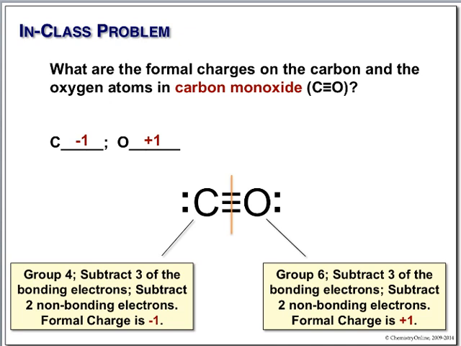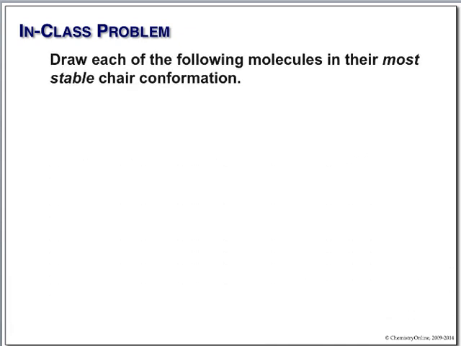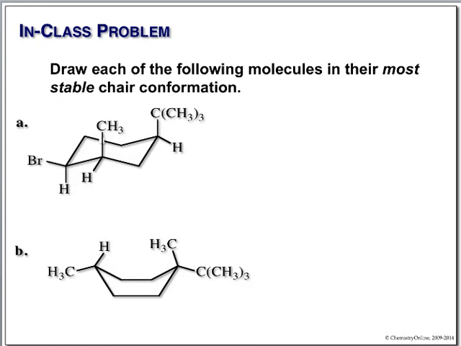All right, the last group. We were taking things and we were putting them in their most stable conformation. Now here we're going to use just the general rule of thumb that we're looking for the greatest number of equatorial substituents.